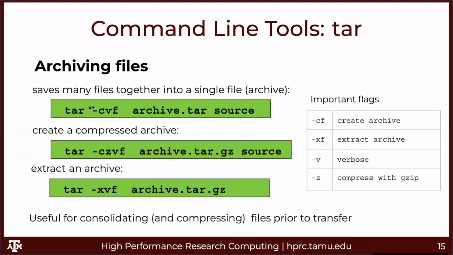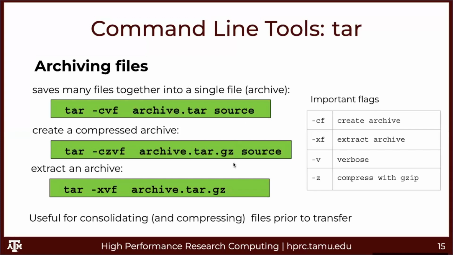And to save many files together, you can run the dash cvf flag. V stands for verbose, which means that it will output and log all the files that it has archived into this archive.tar. So you put in first the tar command, then the flags of what you want it to do. Then you type in the name of the tar file where all the files are going to be archived from the source.